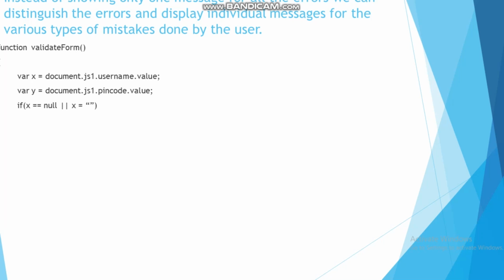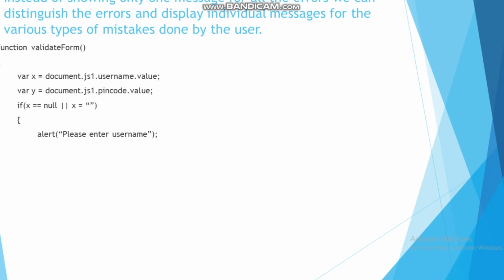Now the first condition is about username. If x == null, inside x, you know very well, whatever we have typed in username gets stored in the x variable. So if x == null or x == "", then it will return the "please enter username" message.